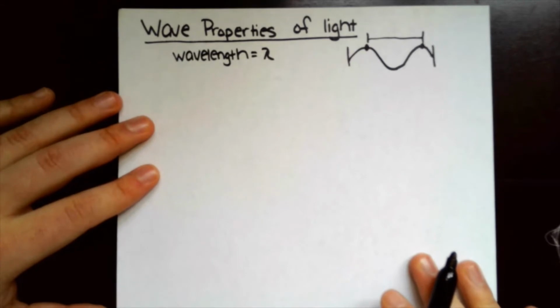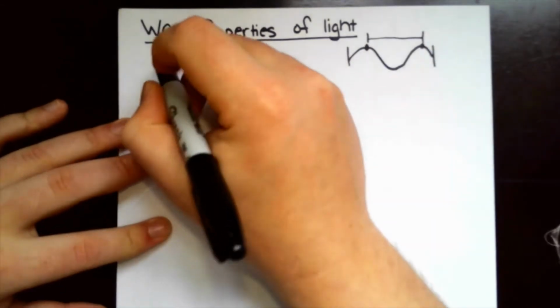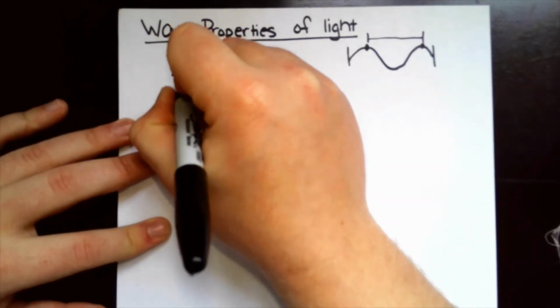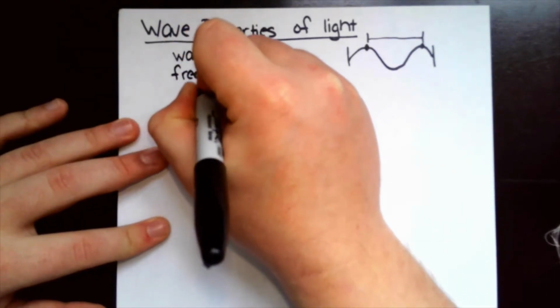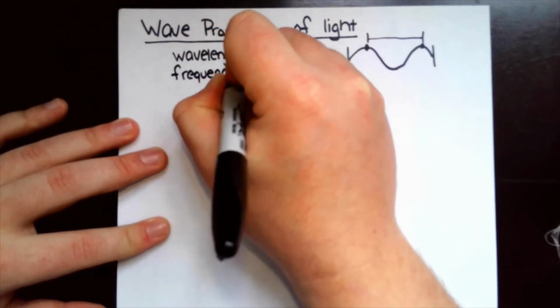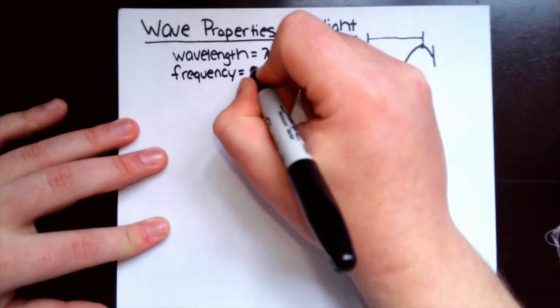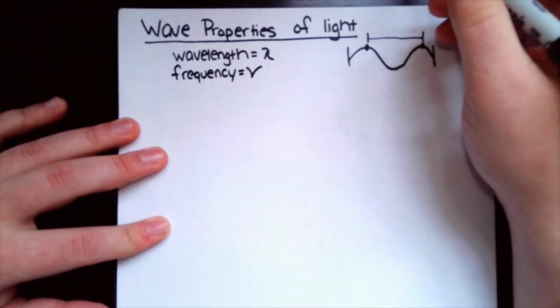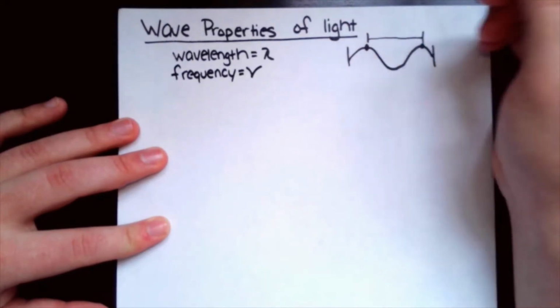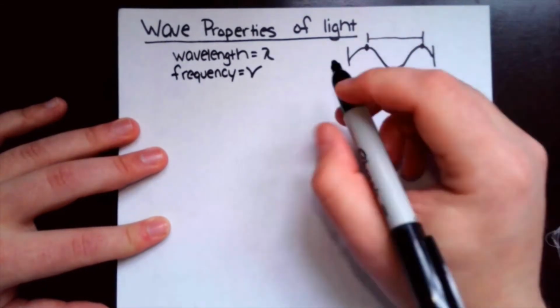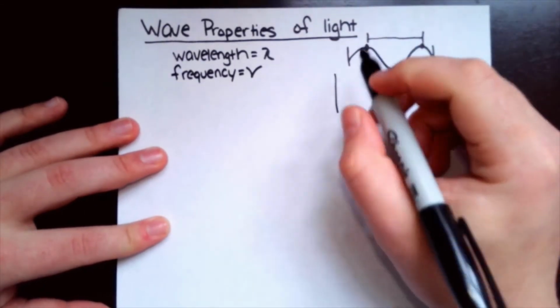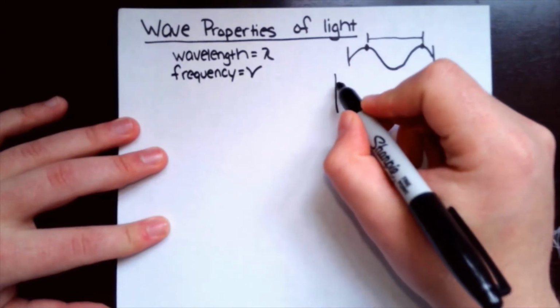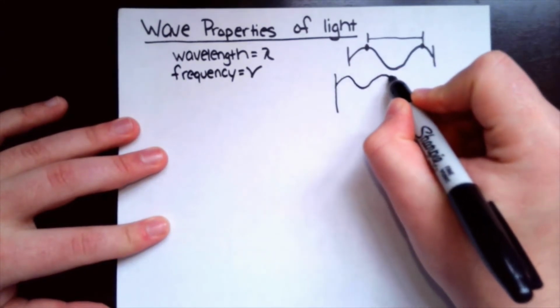Another thing I'm going to talk about is the frequency. I know this looks like a V, but it's actually the Greek letter nu. Frequency tells you how often waves cycle through.